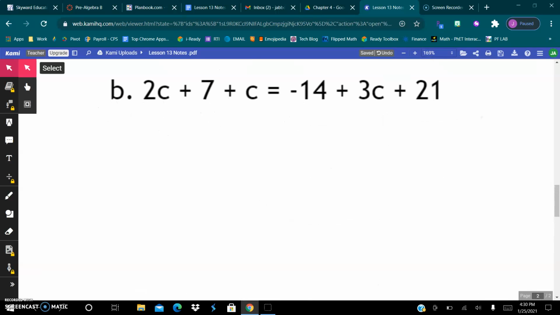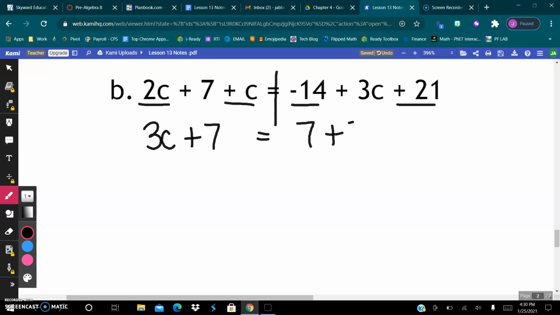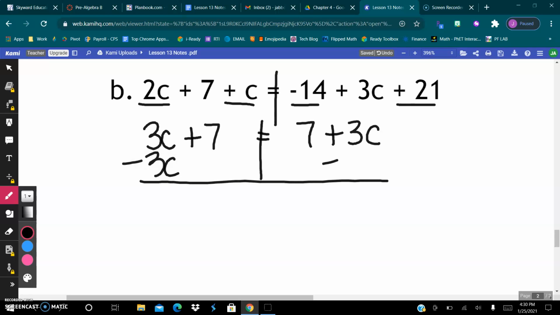All right. And this one, again, our equal sign, that's our barrier. I have a 2c plus c that are like terms on the left. So that would make 3c. And then we have a plus 7. On the right-hand side, I have negative 14 and a positive 21. That would leave us with 7 plus 3c. And if you look already, you can tell these are the exact same equations, just written backwards. But we can minus 3c from both sides.